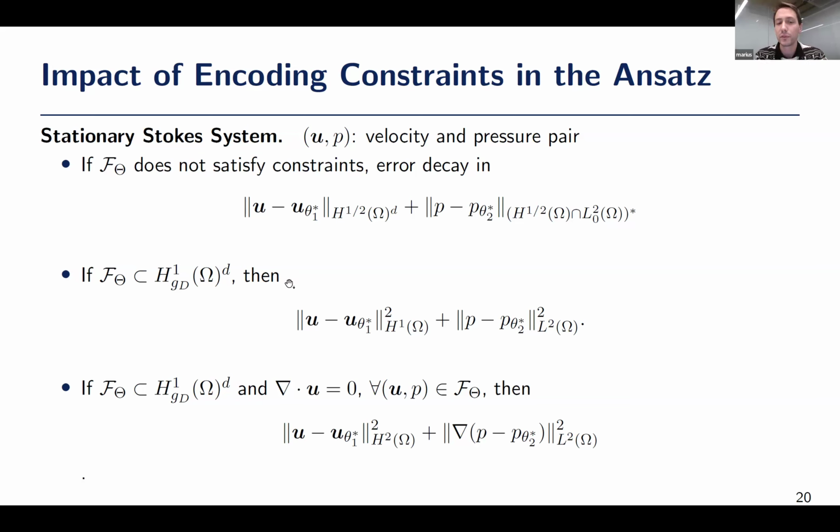And then if you were to penalize your divergence in H1 instead of L2, then you would get H2 and the gradient seminorm also here, because then you could just apply the natural regularity estimates for Stokes if you happen to be in a setting where you can apply them. And in all this analysis, you need to be in an H2 regular setting for this analysis to work. So definitely, yes, you get some leads on how it should look.